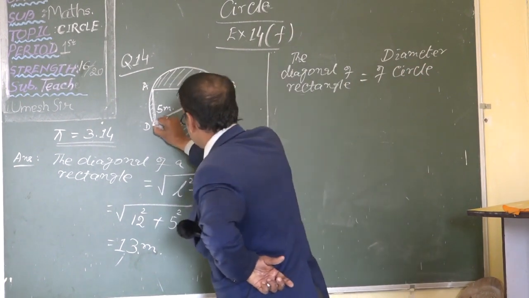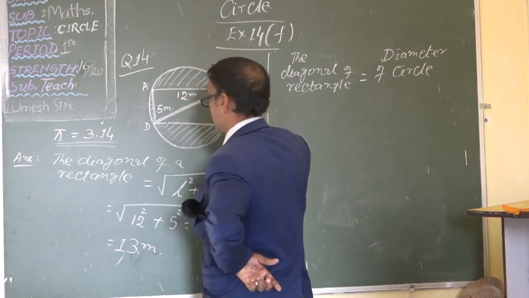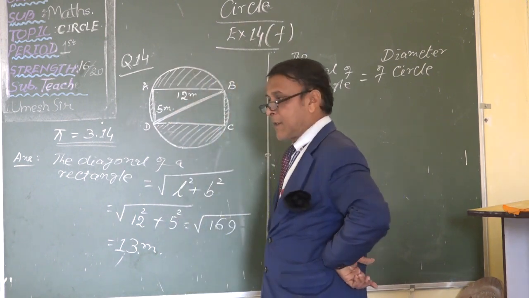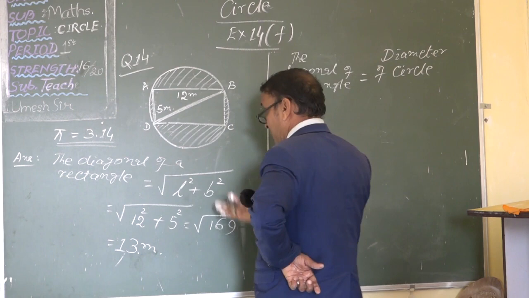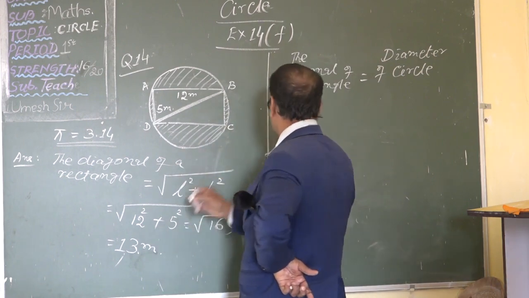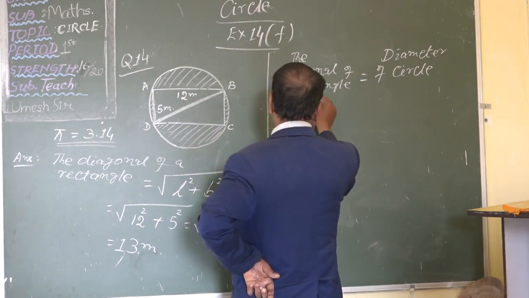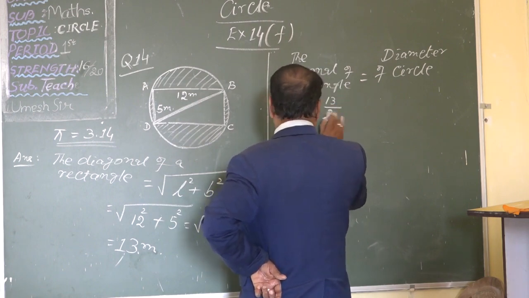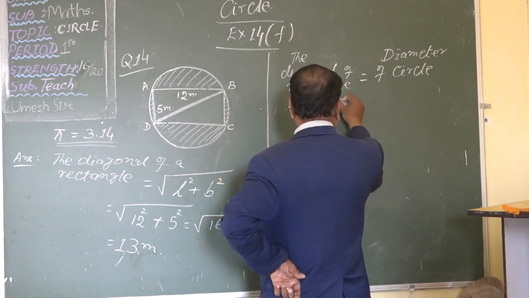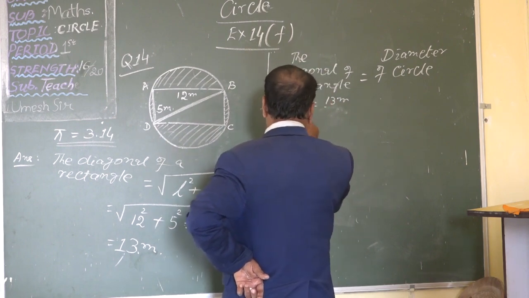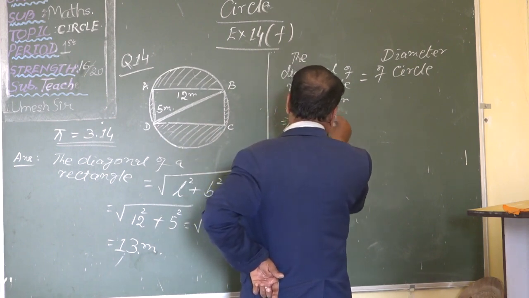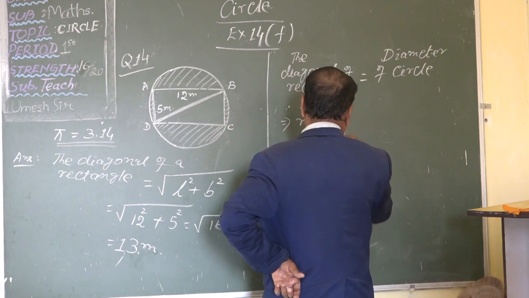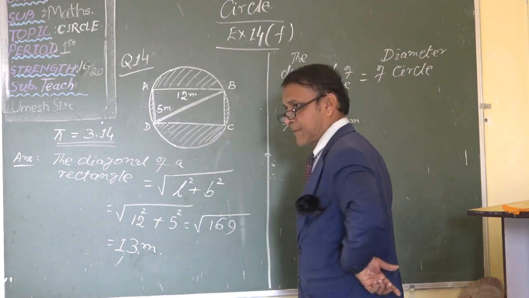This one is the diameter. Yes or no? So diameter is equal to 13 meter. So radius will be 13 by 2 meter.